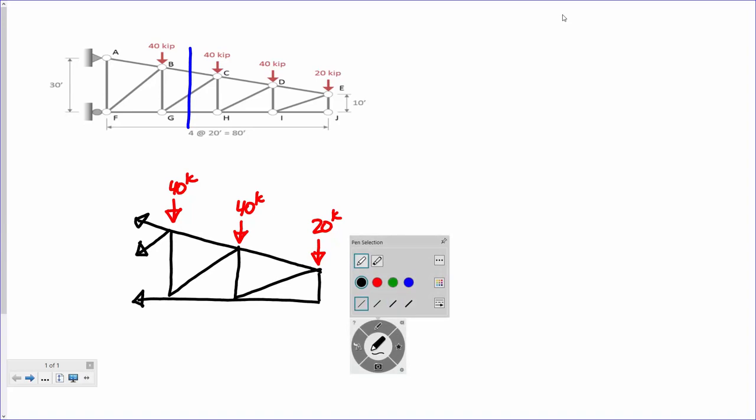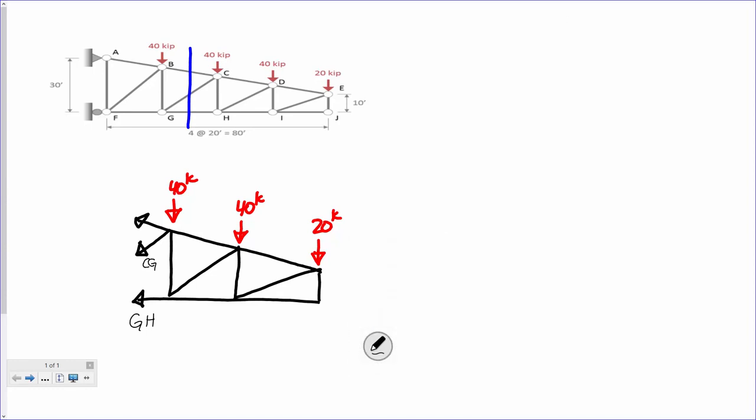All right? Now here's another thing that I like to do. This force down here, we'll call this GH. This force here, we'll call this CG. And this force here, we'll call this BC. Any force that is diagonal, I like to split up into horizontal and vertical components.